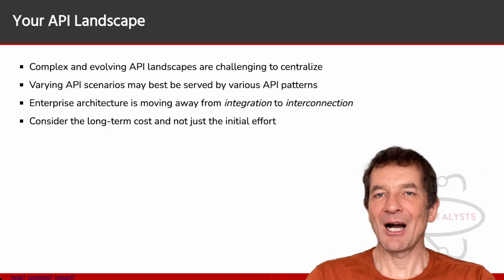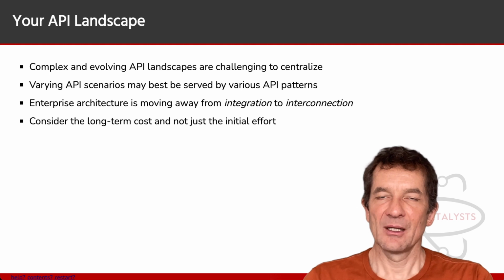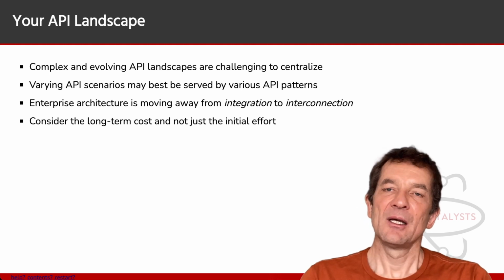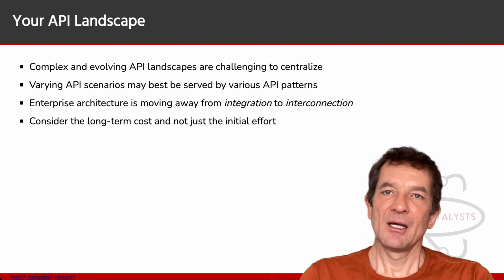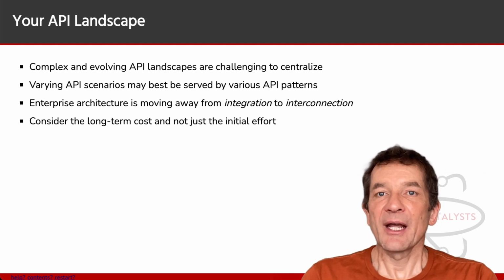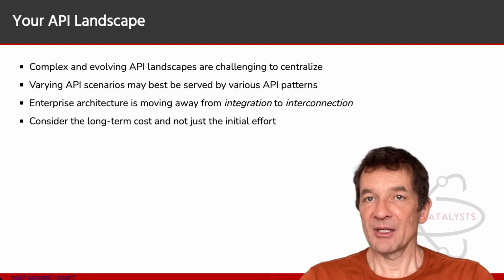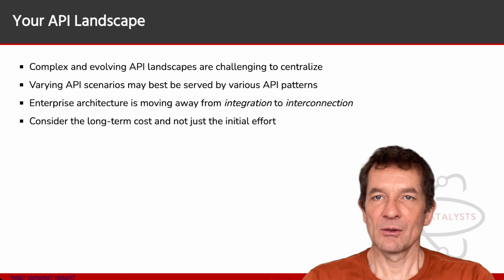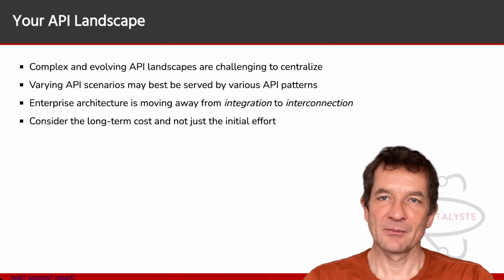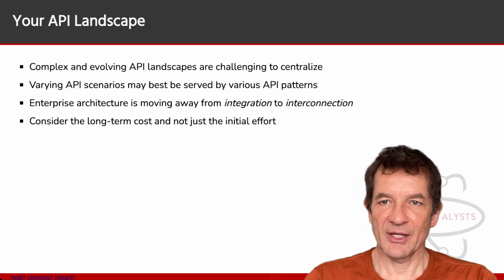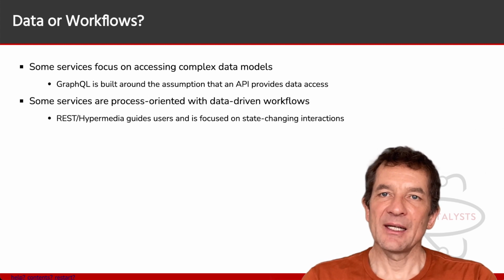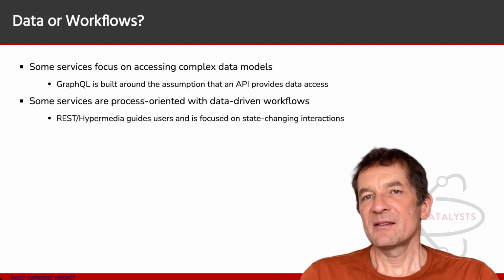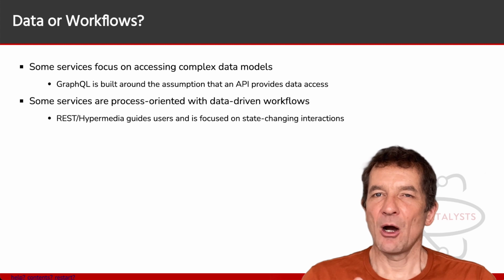Think about how viable what you're doing is over time in a changing environment with changing constraints coming from the environment itself and what the business side actually wants to do. So this is our first consideration. The second one is, what is the core, so to speak, of your API?